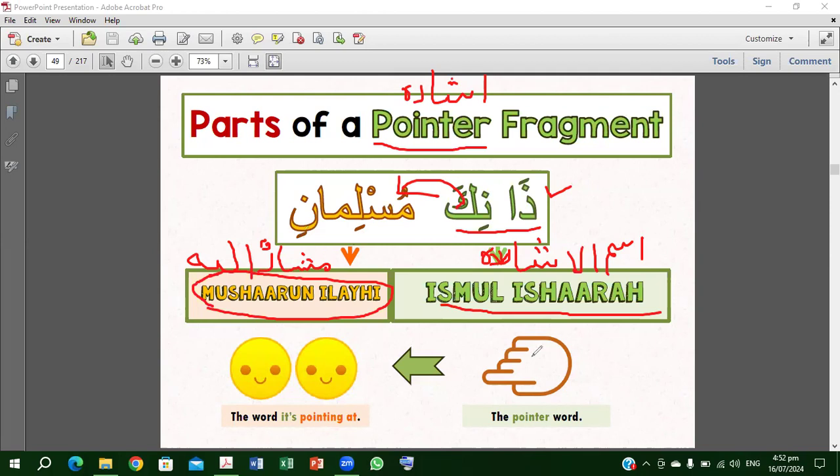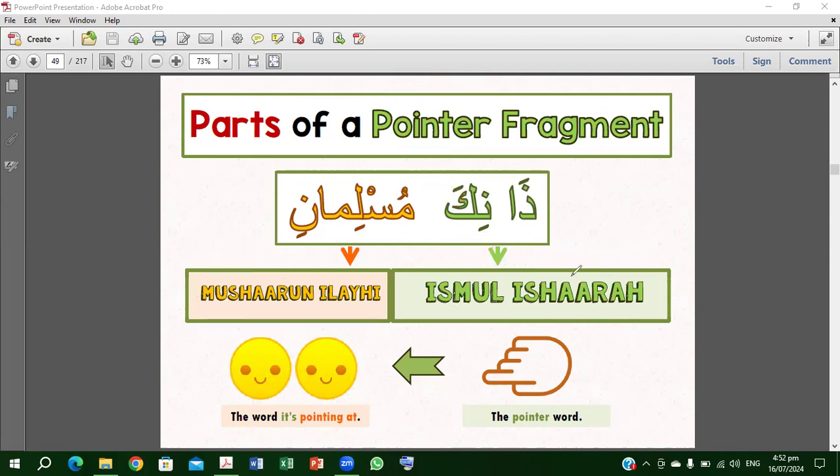The pointer word, dhanika, and the word which is being pointed. The pointing is towards it, so it is called musharun ilayhi. So these two components, ism ishara and musharun ilayhi, these two words together make a pointer fragment. Okay, ism murakkabe ishari. In Arabic, we call it murakkabe ishari.